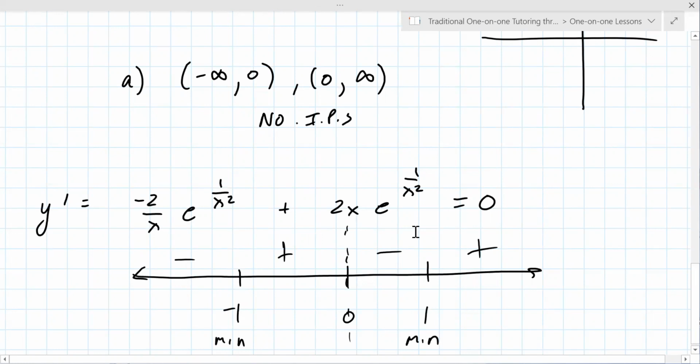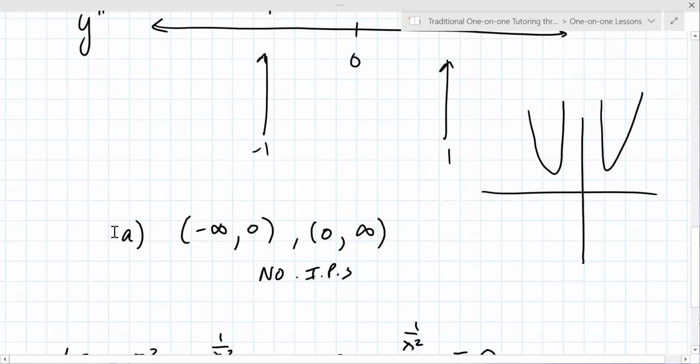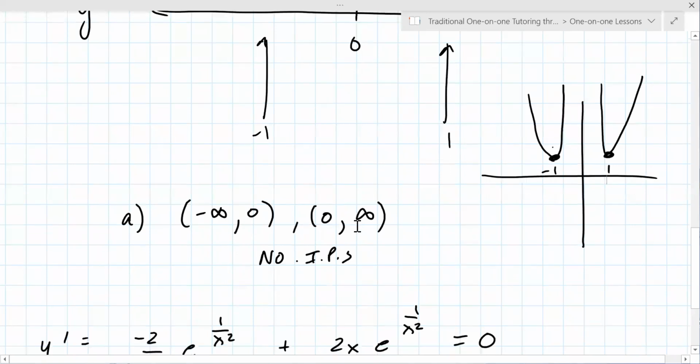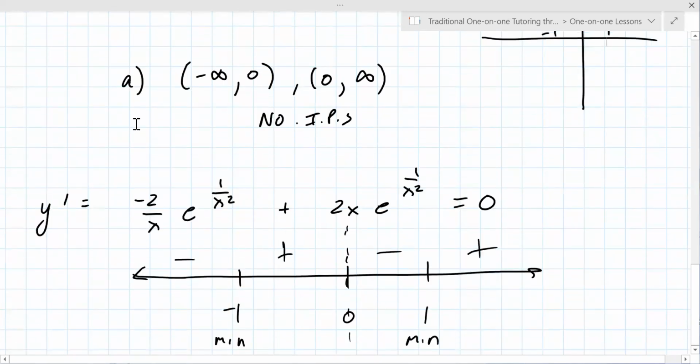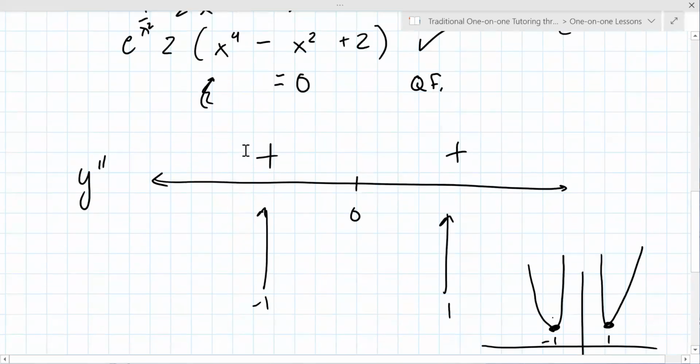Wouldn't -1 and 1 both be inflection points in that case? The inflection points come from the second derivative. Oh, okay. And if you look at the graph here, which I know you wouldn't have, that confirms it. That's -1 and that's 1. So inflection points are where they cross the x-axis, right? Actually, no, inflection points are when the second derivative changes sign. And the second derivative doesn't change sign anywhere.